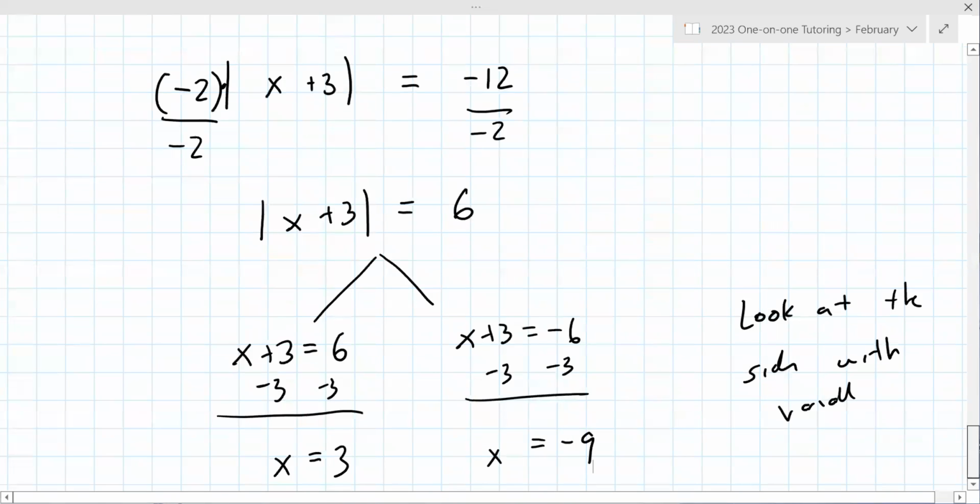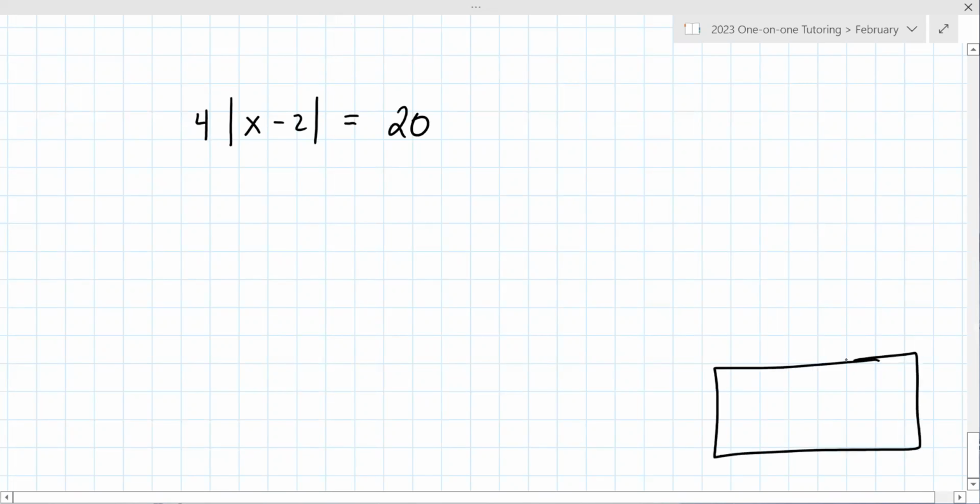So let me have you do one more. You got to do this one start to finish here. Okay. Absolute value x minus 2 equals 20. So all I want are the two answers when you're done.